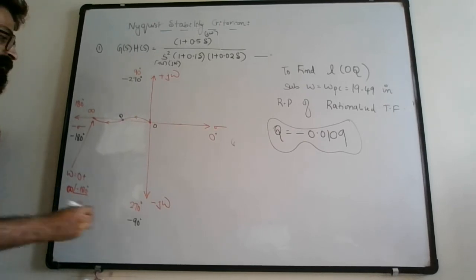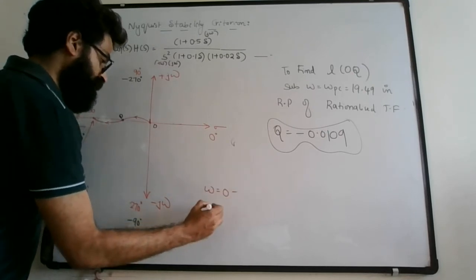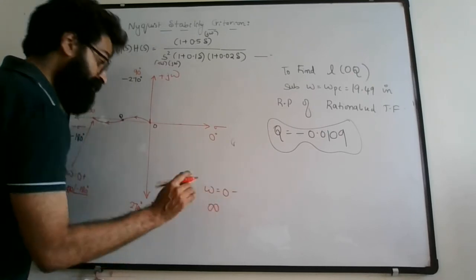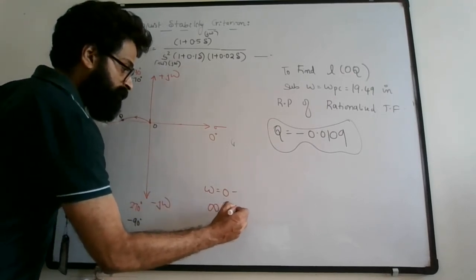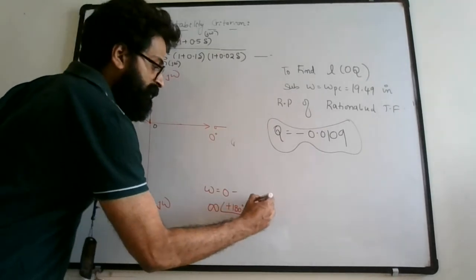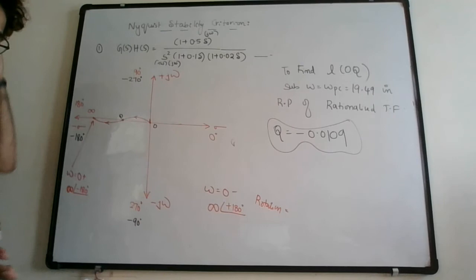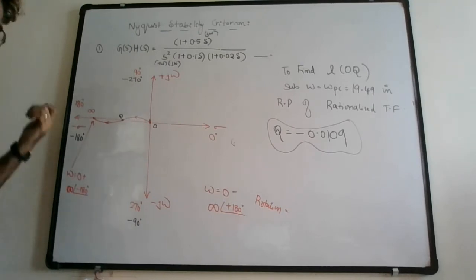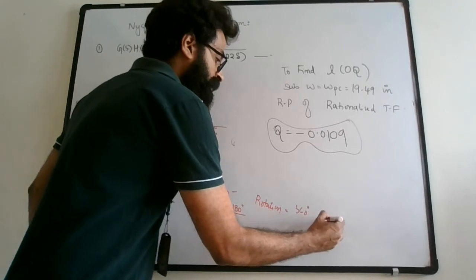When omega is set as 0 minus, the magnitude remains infinity, but the phase becomes plus 180 degree, due to which the rotation angle becomes, we have already calculated, 180 degree minus of minus 180 degree becomes 360 degree. So positive, so it is anti-clockwise sense.